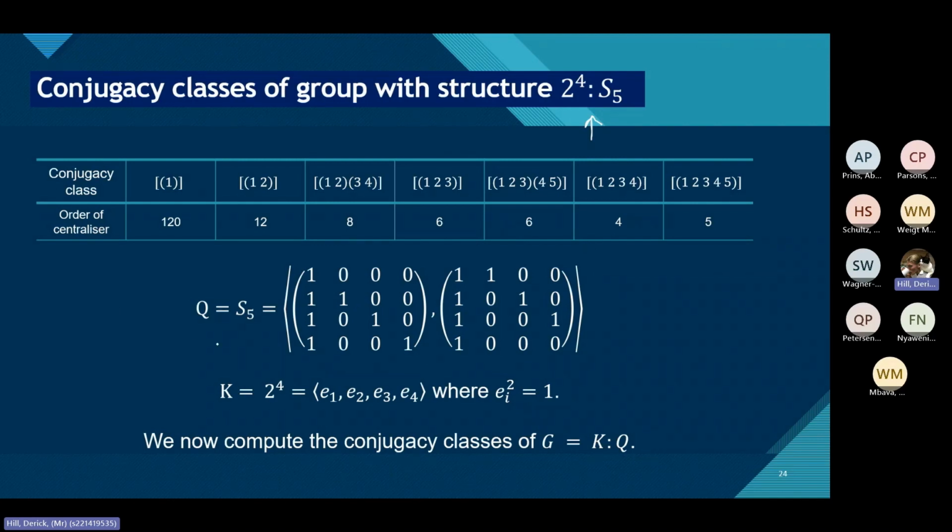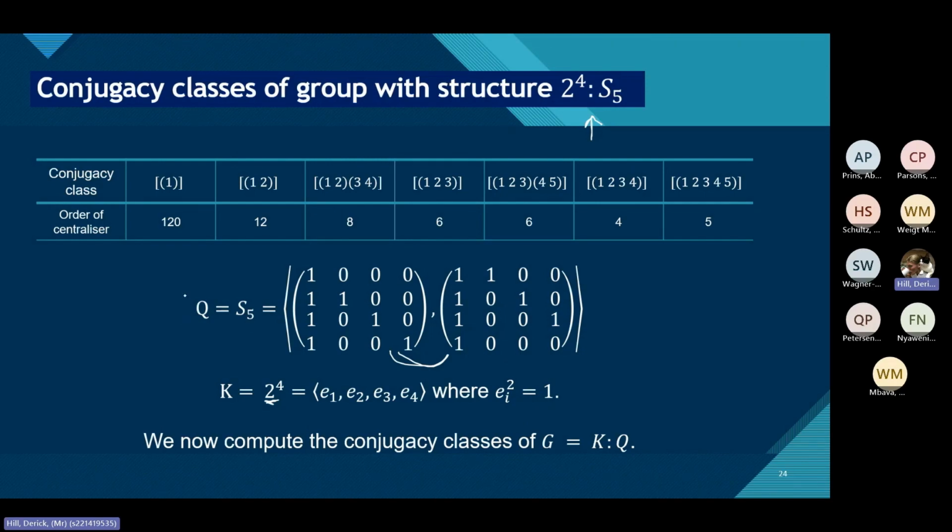We are given that S5 has a 4x4 matrix representation, generated by these two matrices, and 2^4, which is the elementary abelian 2 group, consisting of elements 1, E1, E2, E3, E4, E1E2, all the way up to E1E2E3E4, where the order of all the elements except for the identity is 2.